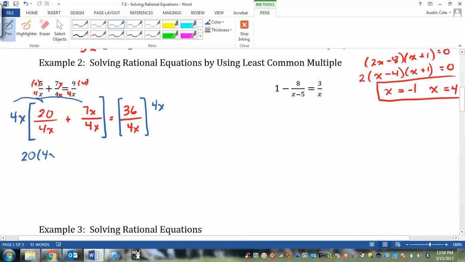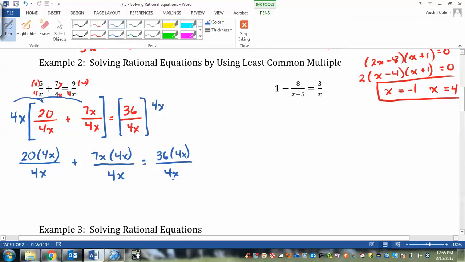Just watch this. I'm going to write it like this. And again, we're not going to do this every time, but I'm just writing to show you. Plus 7x times 4x over 4x. And then I need to do it on the right, where I'm going to have 36 times 4x over 4x.